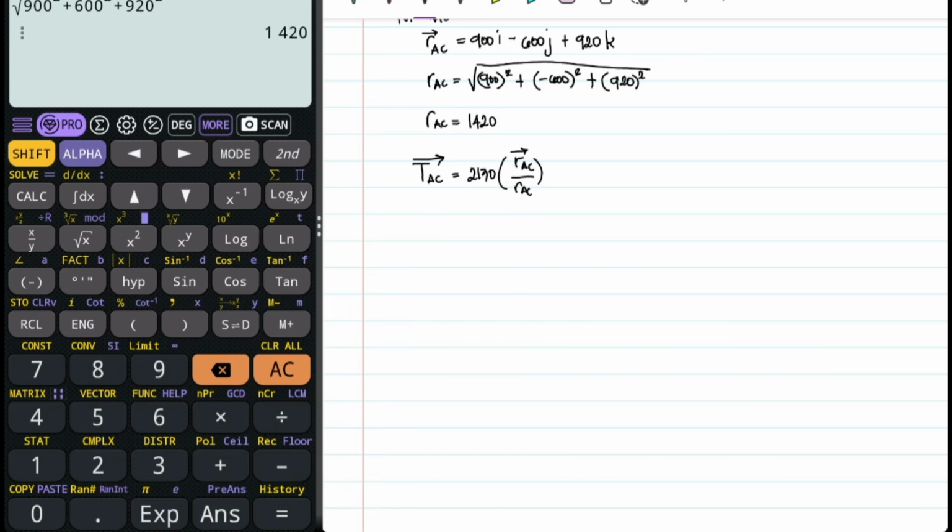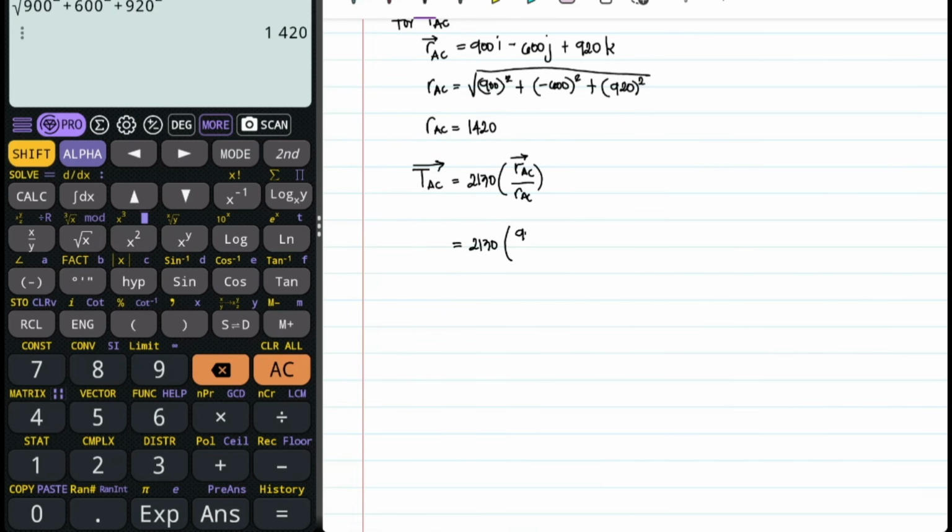So we copy 2130 multiplied by the quantity 900i minus 600j plus 920k, all over 1420.